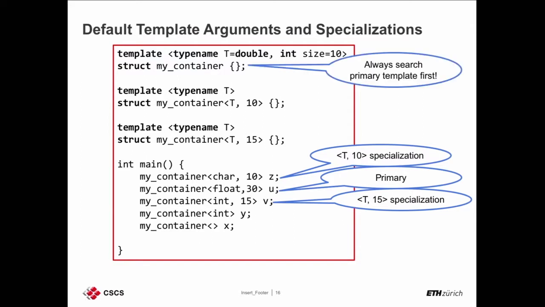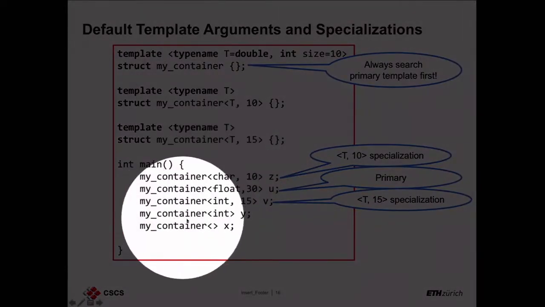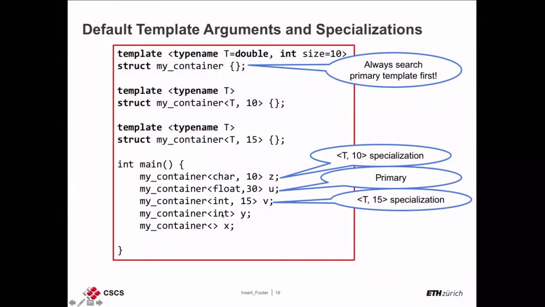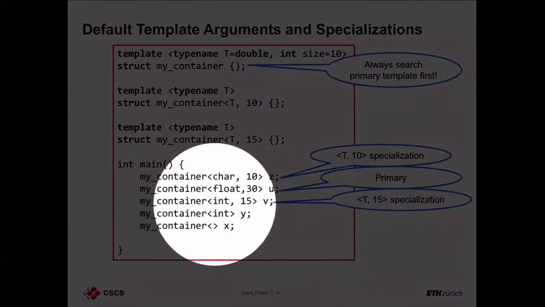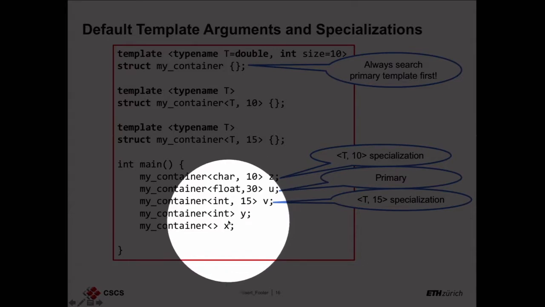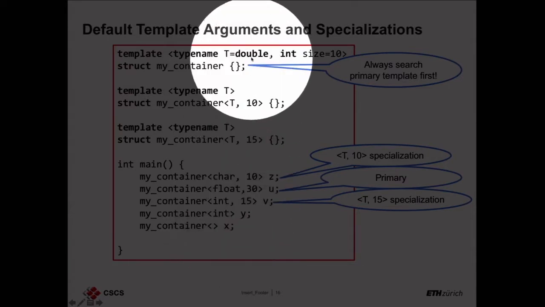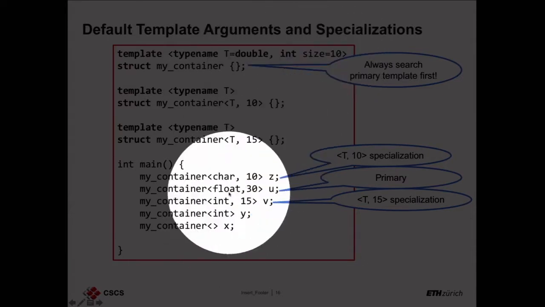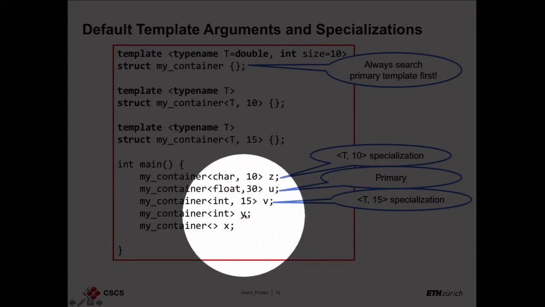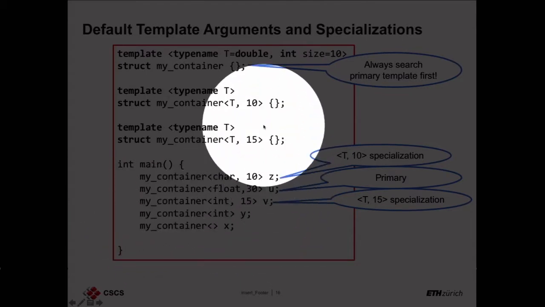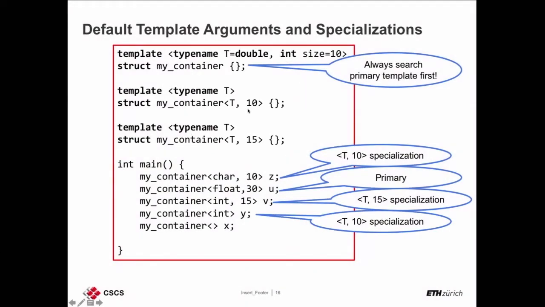What happens for my container of int? Again, you go to the primary template. The primary template tells you that the first T is int and the second is size 10. So this will try to instantiate int 10. But then int 10 has a specialization. So this will go to the specialization automatically. Okay? So it doesn't instantiate the primary template.